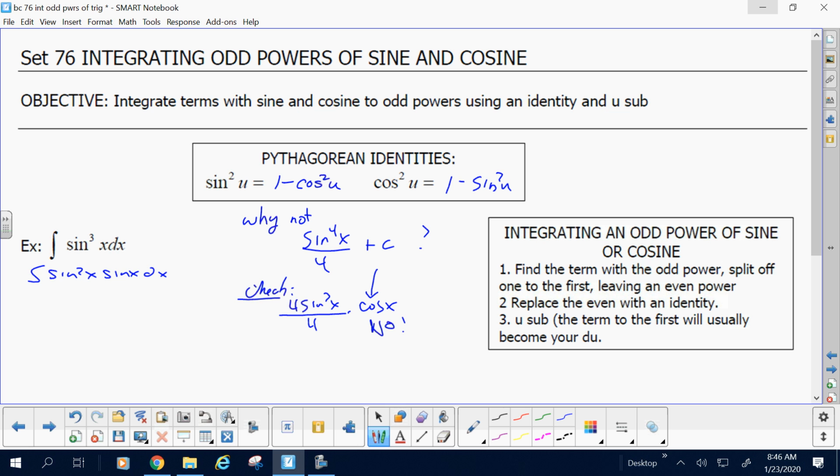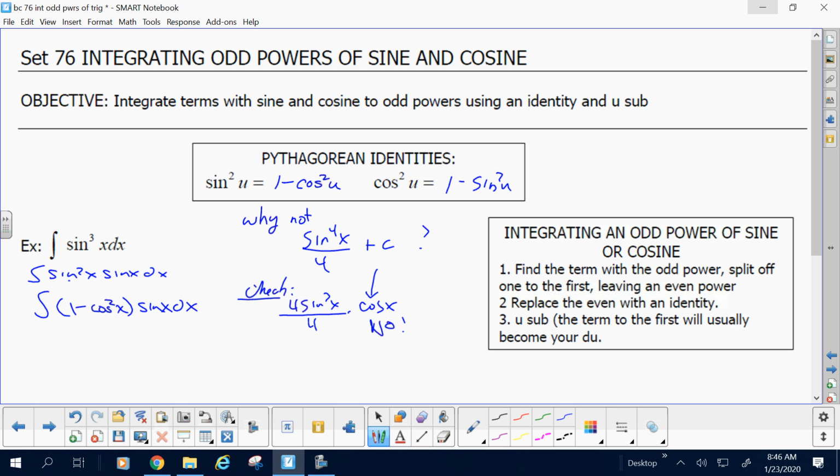That means we're going to need to change sine squared to 1 minus cosine squared of x. By identity, that's 100% allowed. Sine squared is equal to 1 minus cosine squared, so I'm not breaking math. That's fine. Now we can use sub.